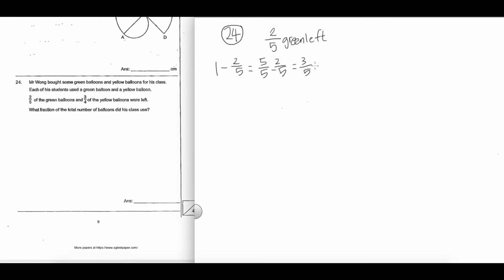So 3 out of 5 green used. Alright, so 3/4 yellow left. So let's find out how much yellow was used. 1 minus 3/4 equals to, this time it's 4 out of 4. So it's 1/4 yellow used.